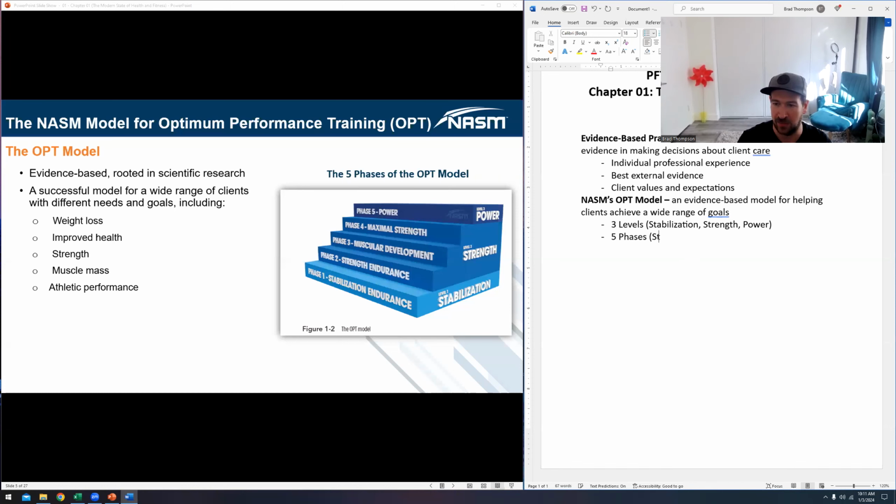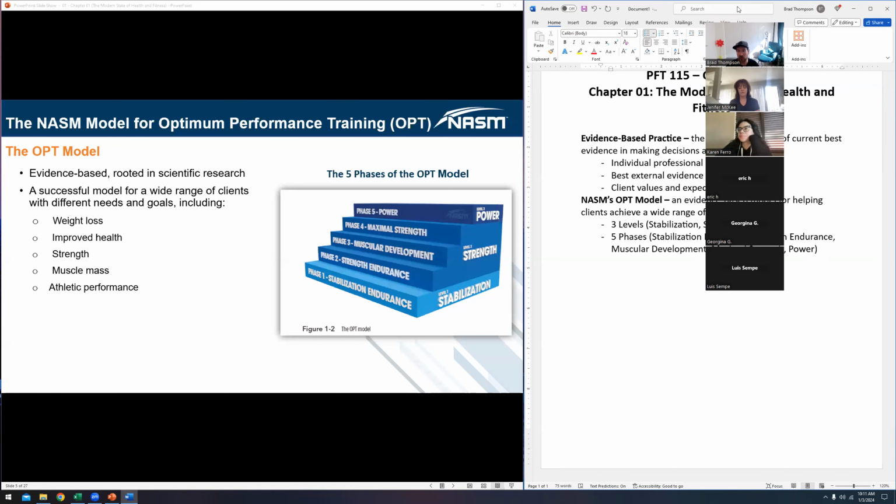And that's going to be stabilization endurance, strength endurance, muscular development, maximal strength, and lastly, power. So the way this works, if you kind of think about it, the levels are going to give you exercise selection options, and the phases are going to give you acute variable options.